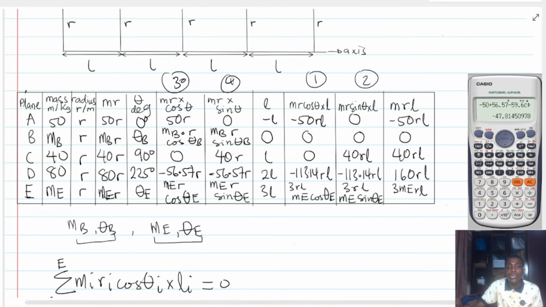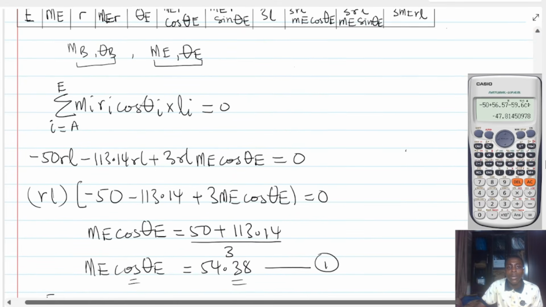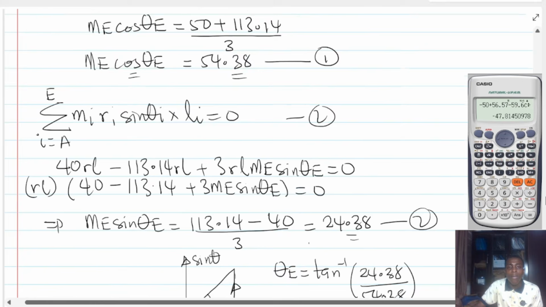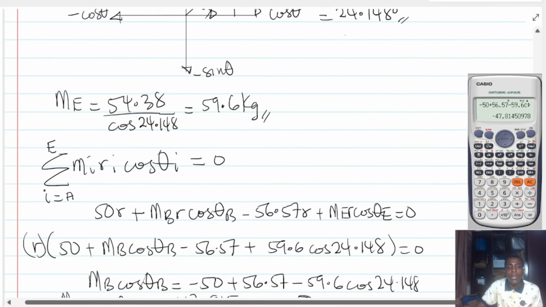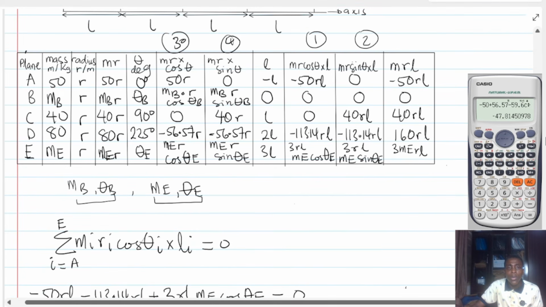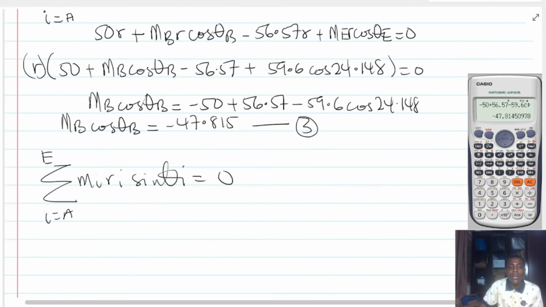So this is 0, MBR sine theta B. Is that right?